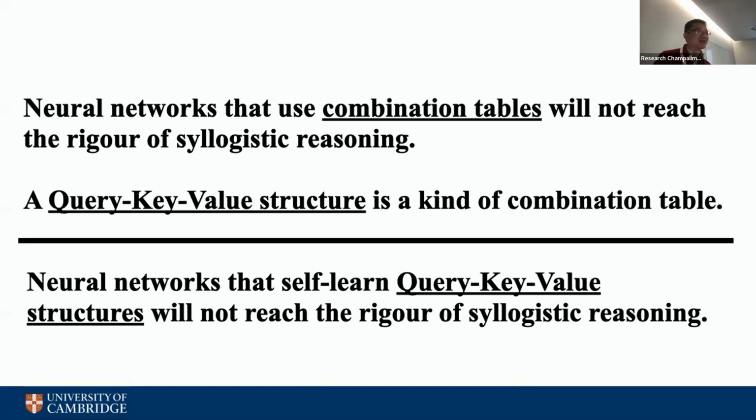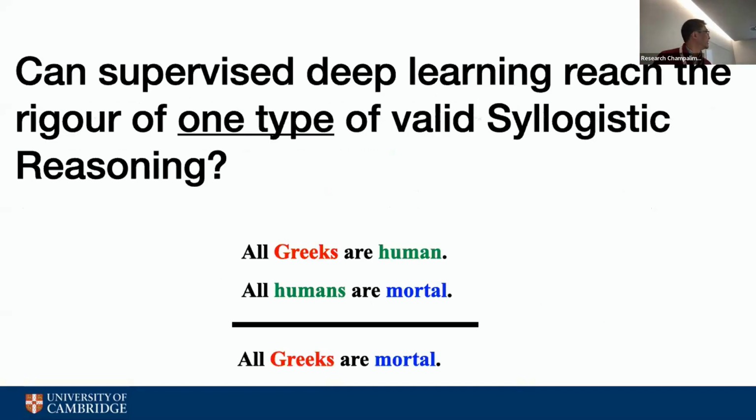We say the weaker version is not so useful. Is there a supervised deep learning that can reason for sure that all Greek are human, all human are mortal, then all Greek are mortal? Can we collect enough data and then say this neural network reasons for sure?